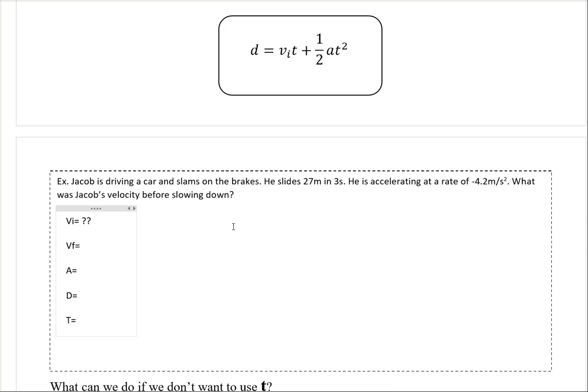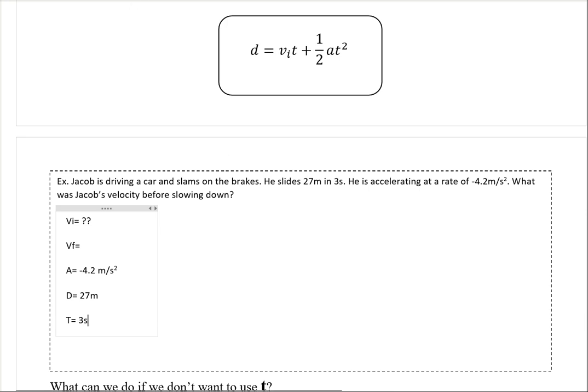That wasn't part of the question. So Vf is blank. I can't guarantee it. But what I do know is the acceleration, given as negative 4.2 meters per second squared. The displacement was given: he slid 27 meters. And the time is 3 seconds.